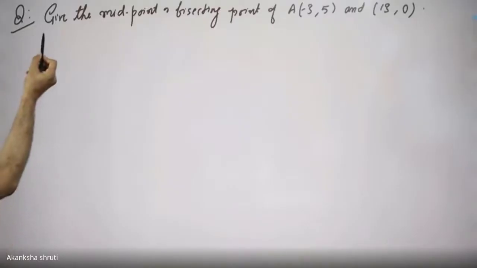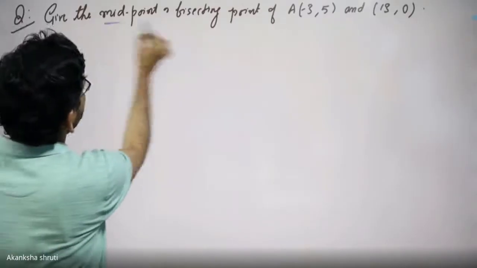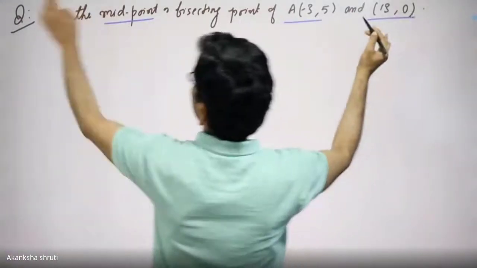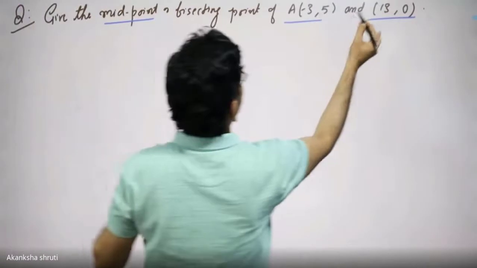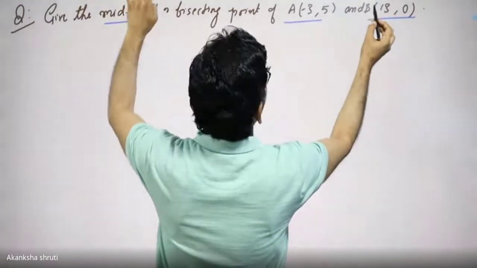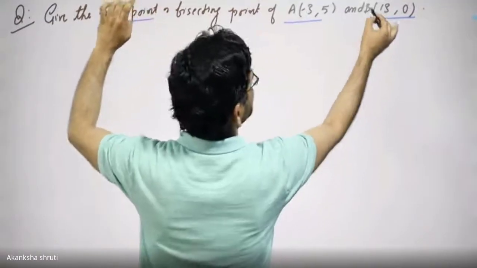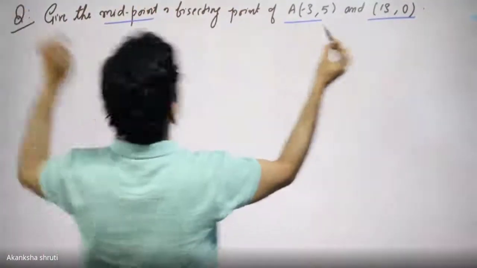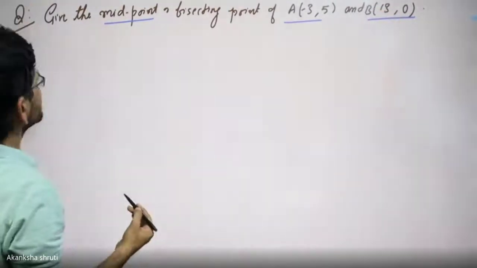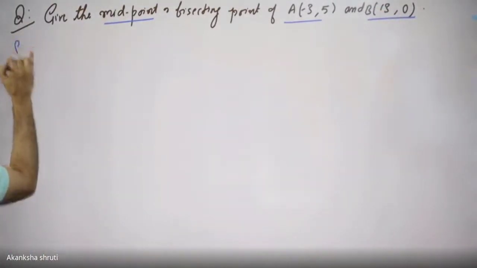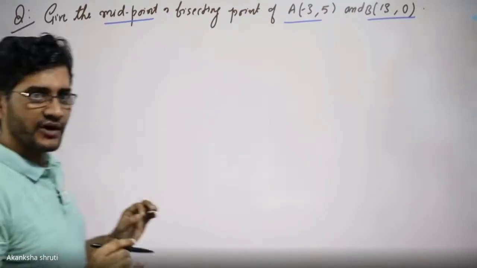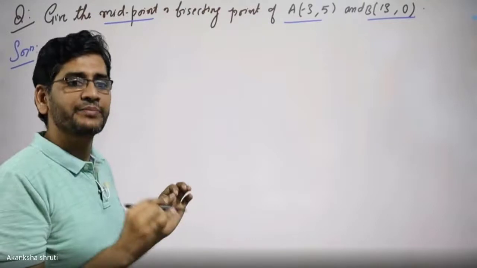Let us take this question. We have to find the midpoint of the points A and B. A is (-3, 5) and B is (13, 0). For solving this, let us draw the rough diagram. That is very helpful in understanding and applying the formula without mistakes.